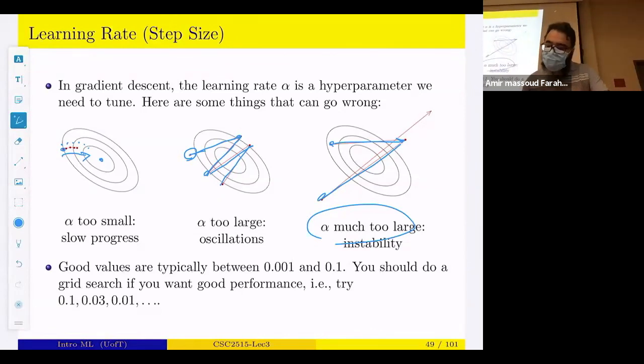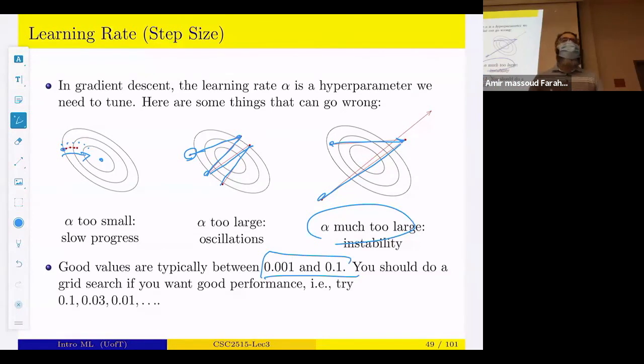So there's a kind of heuristic. This is saying that alpha should be something between not too small, not too large, but when you want to do it in practice, you probably need to try different values of alpha. We treat it, as I said, as your hyperparameter and see which one gives you better performance.